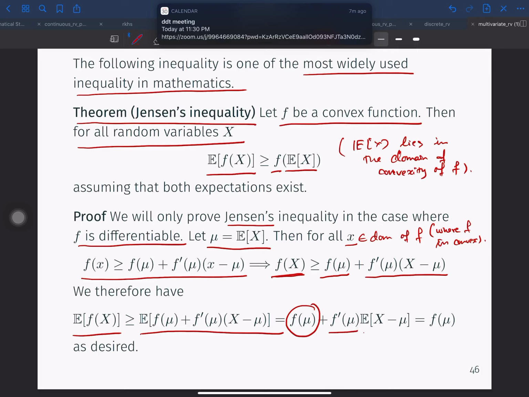And now the expected value of X minus mu is just 0. And so you have the expected value of f(X) is bigger than f of the expected value of X. A result that is very, very elegant. Or a proof that is very elegant, I think.